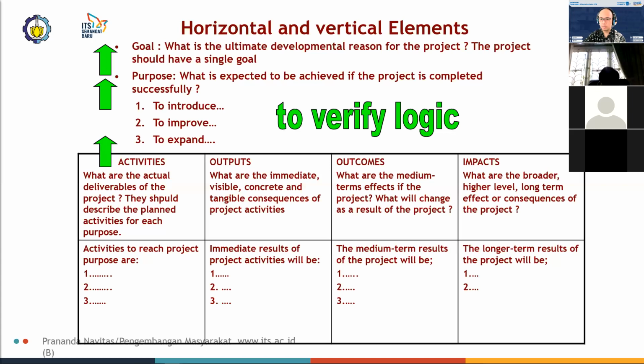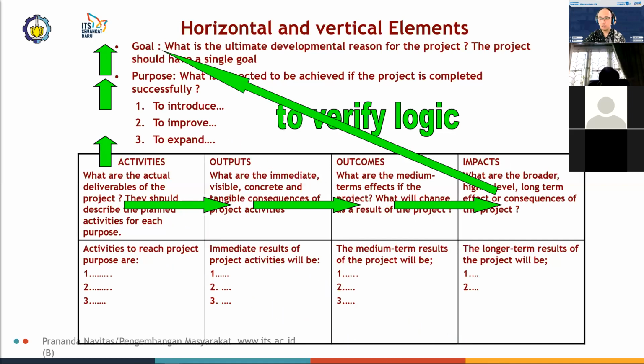And then once that is verified, then you can continue to verify again whether the activities and the outputs, the outcomes, and the impacts are all aligned. And then once you can verify that the activities, outputs, outcomes, and impacts are aligned, you can reflect on the projected impact to see whether the long-term impact is actually in line or is exactly the same as the initial goal.